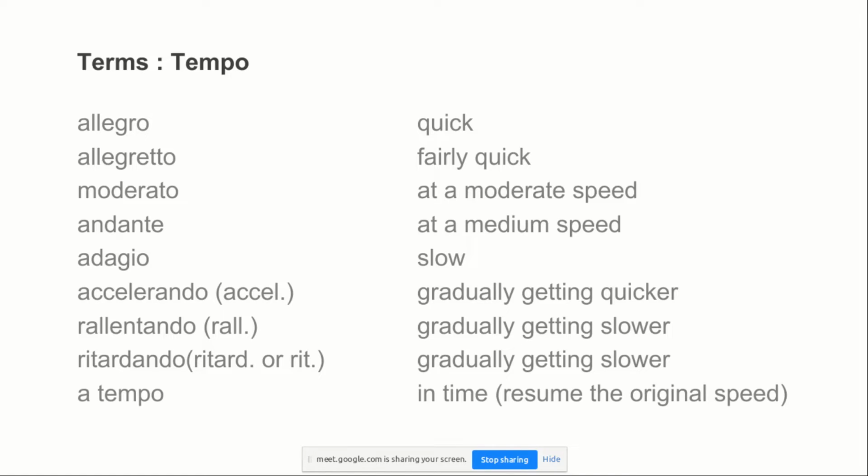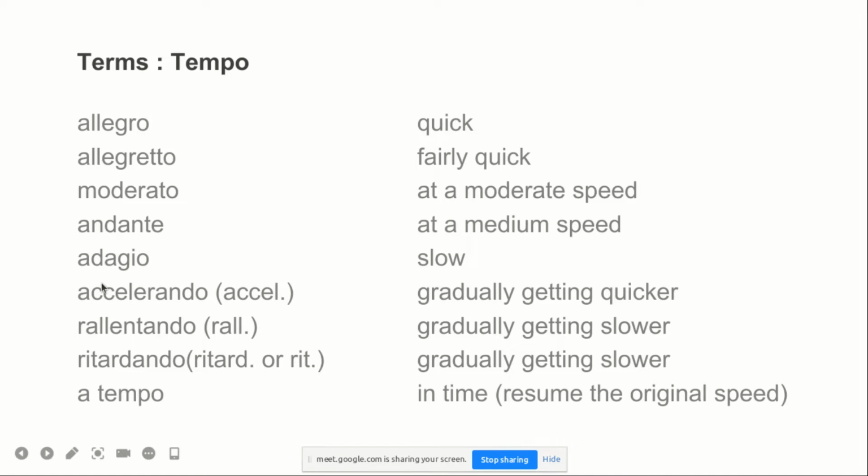And sometimes you may think about them, andante and moderato, almost in the same category, or maybe neighboring each other. And then we have adagio. Adagio means slow.